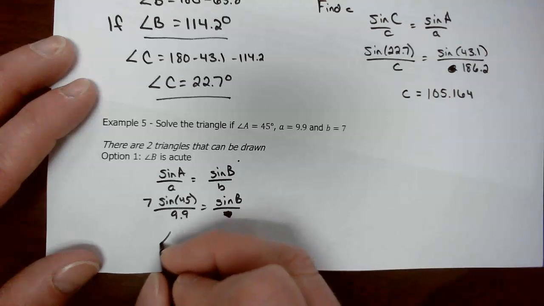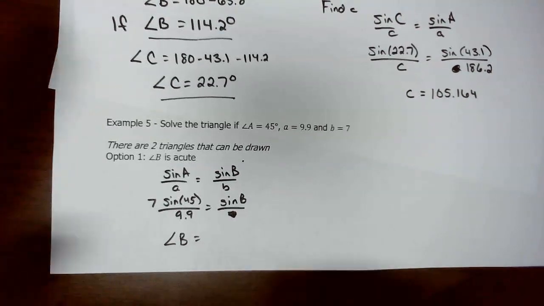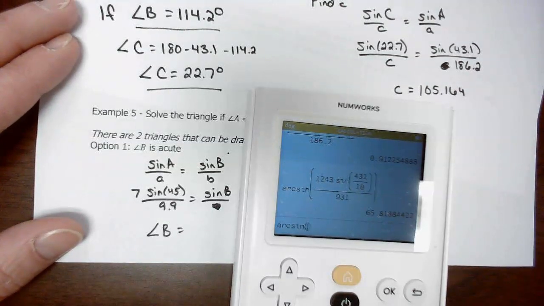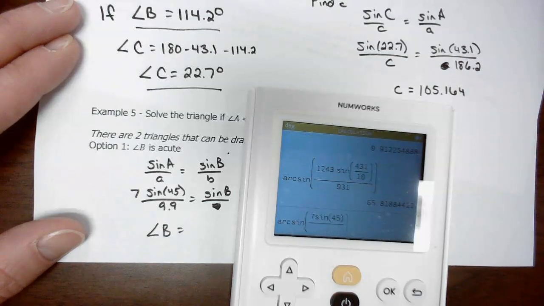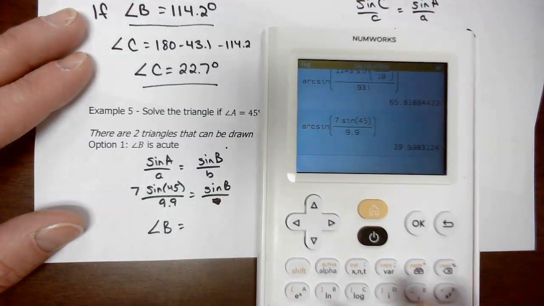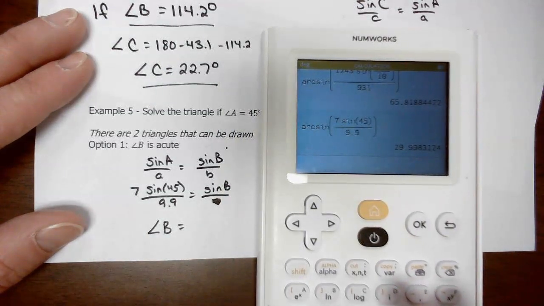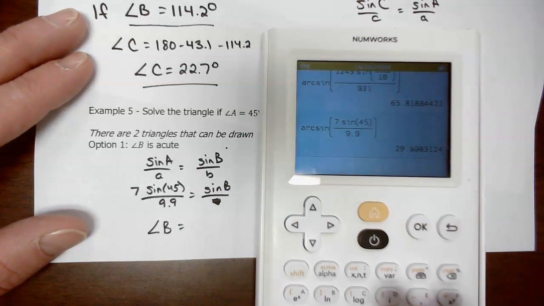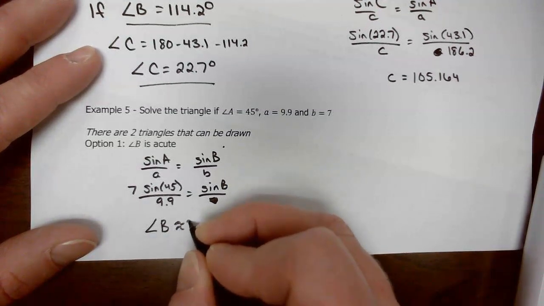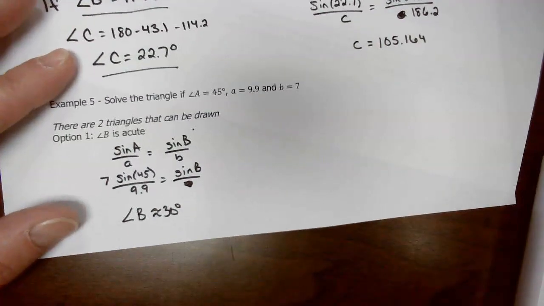So now I would need to use the arcsine of 7 times the sine of 45 divided by 9.9. And notice it's giving me an acute angle, 29.998. I'm going to round that up to about 30, just to make things easier.